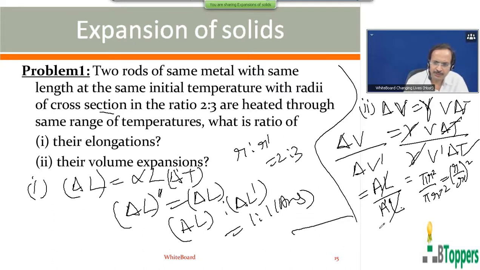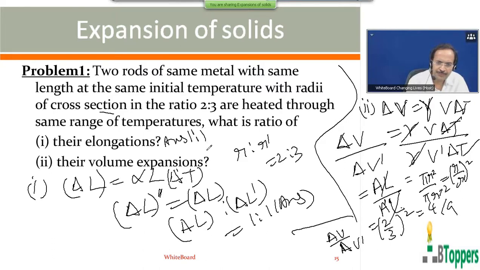So therefore delta V by delta V dash will be 2 by 3 whole square, so 4 by 9. So for the first part of the question the answer is 1:1. The second part of the question, the answer is 4:9. So if you want to copy the working, you can take a pause and copy the working.